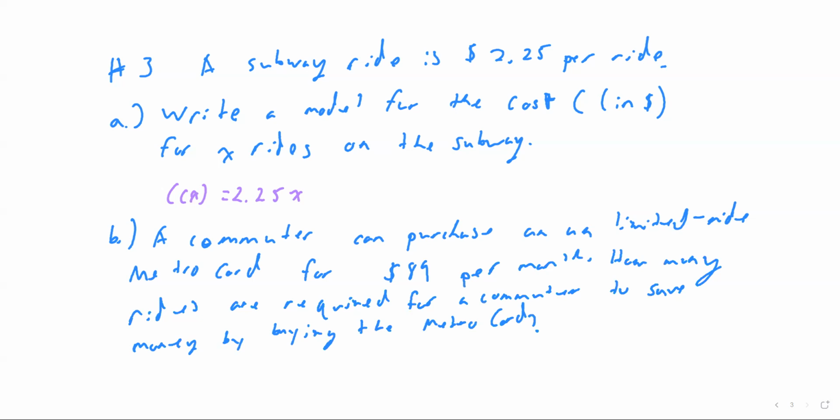Same process. A subway ride is $2.25 per ride. So how would I figure out how many rides I would need so that we start saving? How did you conclude this? How can I find the exact answer? What does the 89 represent?